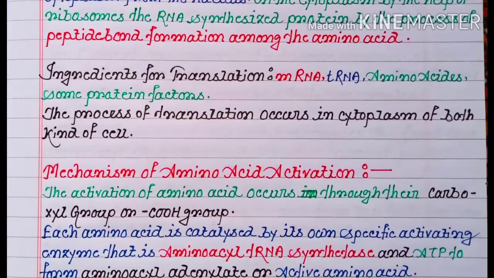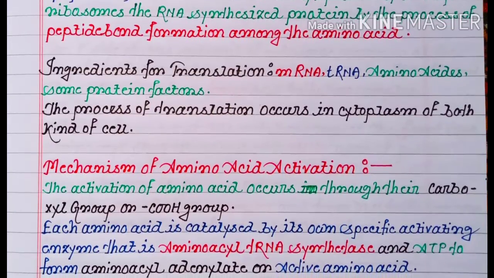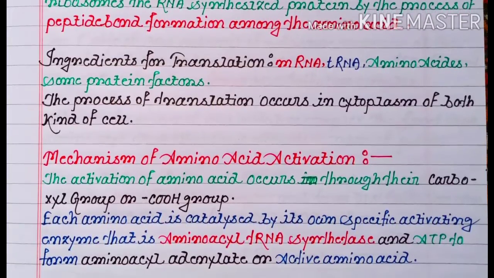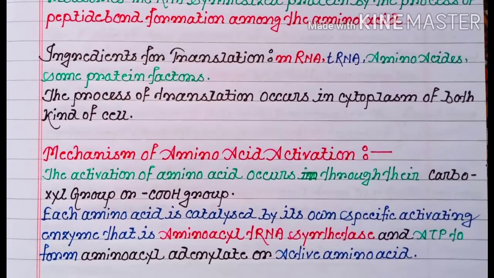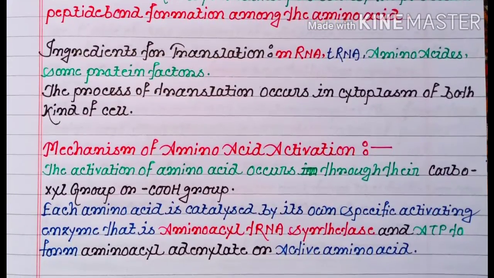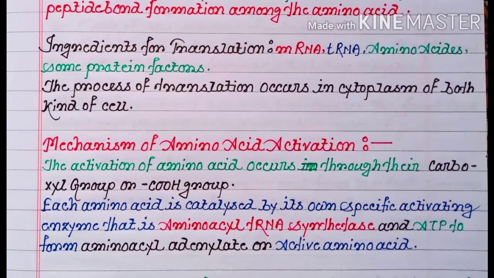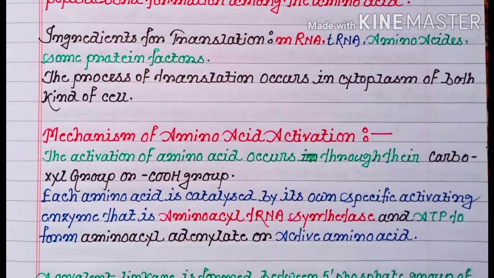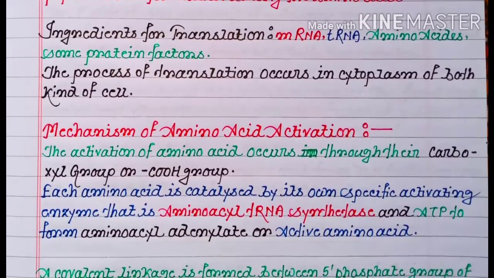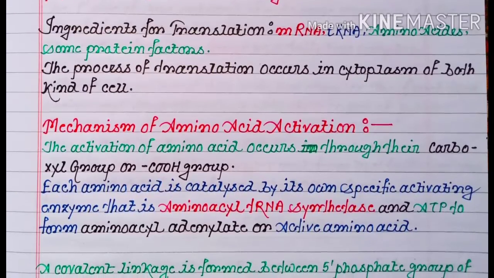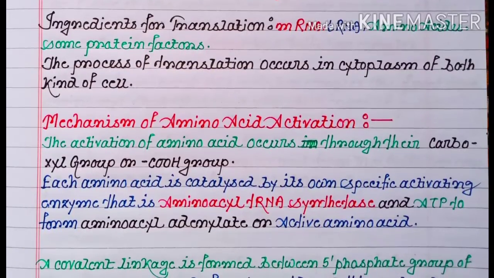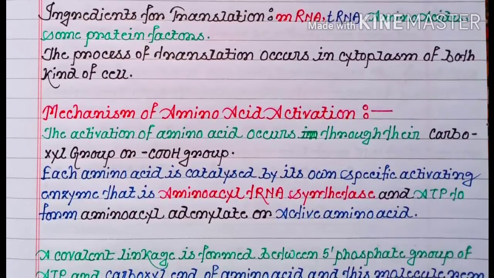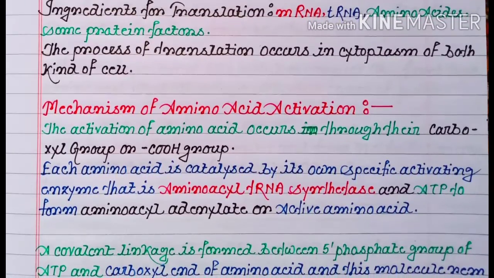Next, the mechanism of amino acid activation. The activation of amino acid occurs through its carboxyl group, or COOH group. Each amino acid is catalyzed by its own specific activating enzyme, that is aminoacyl tRNA synthetase, and ATP here helps in the formation of aminoacyl adenylate, or active amino acid.